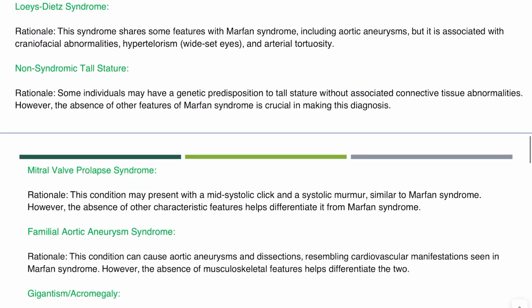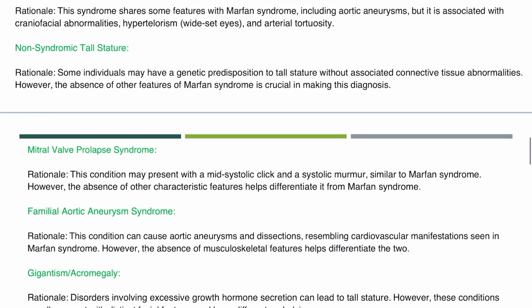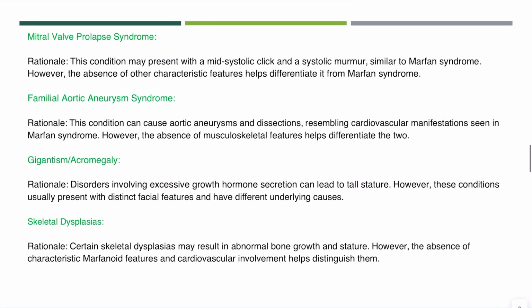Non-syndromic tall stature, well, this will come quite low down, but still some individuals may have a genetic predisposition to tall stature without associated connective tissue abnormalities. Mitral valve prolapse usually presents with a mid-systolic murmur similar to Marfan syndrome, but again, Marfan syndrome has characteristic features: a tall patient, arm span more than the height, high arched palate, arachnodactyly, so all these things.